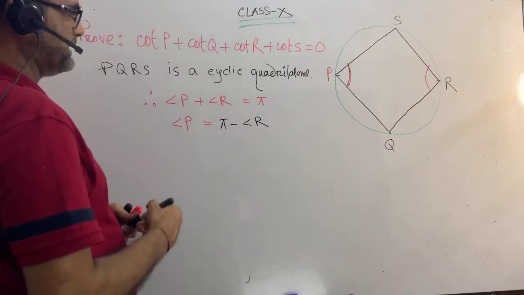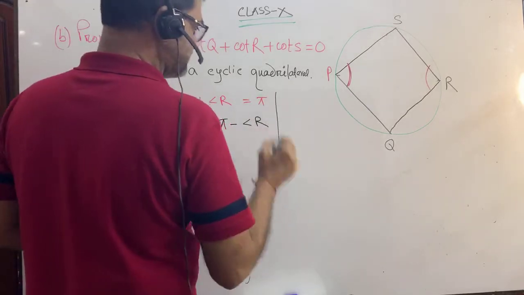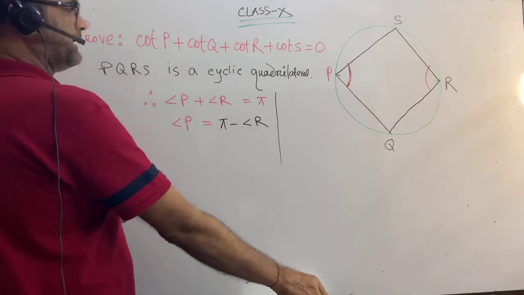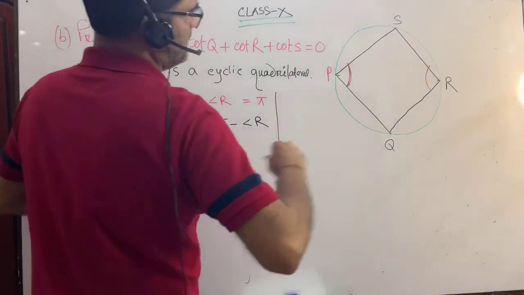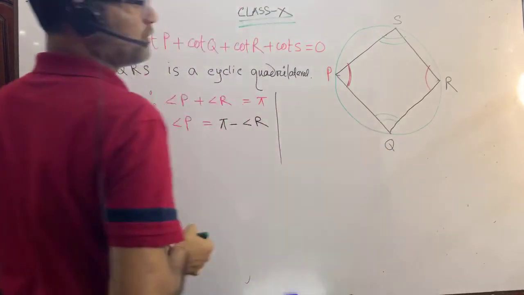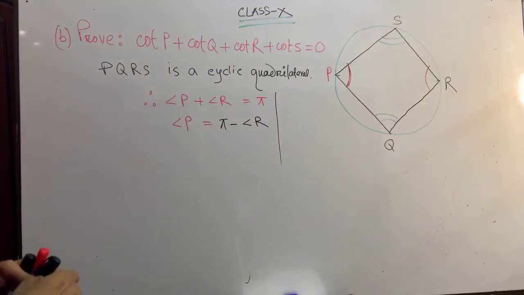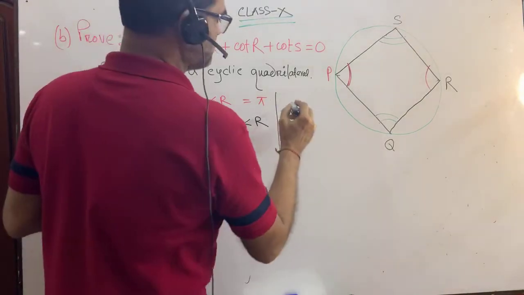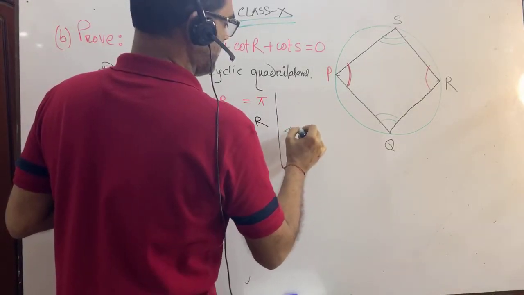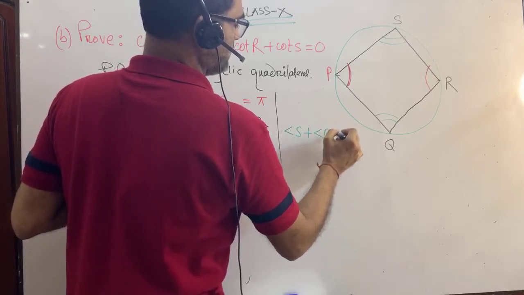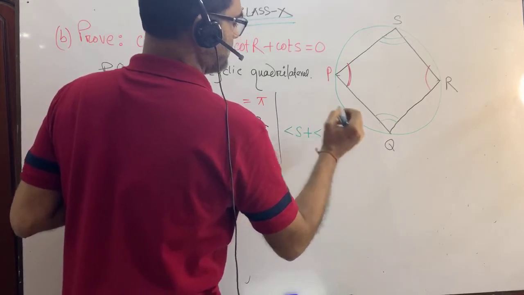Now you again see, we can write here: this angle and this angle are the opposite angles, right? So we can write here angle S plus angle Q is equal to pi.